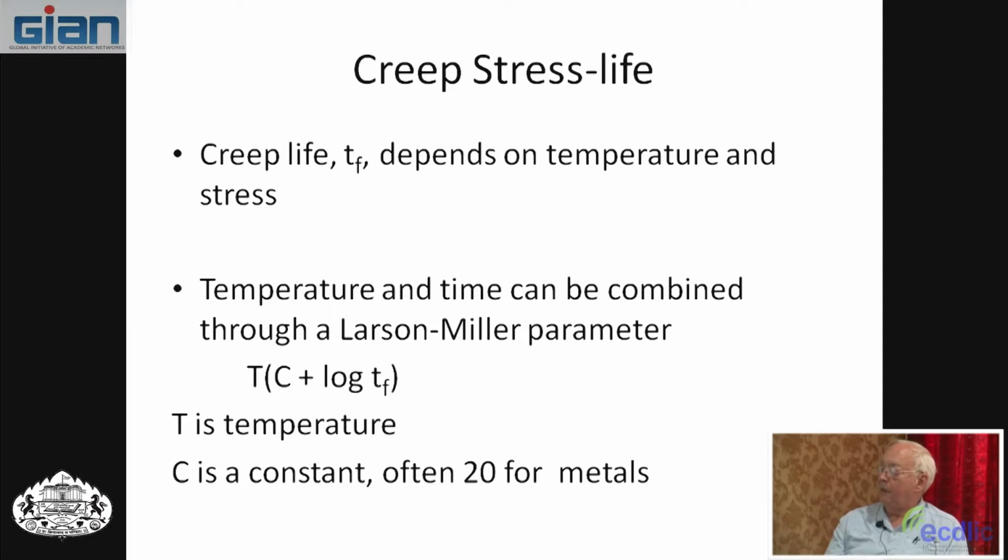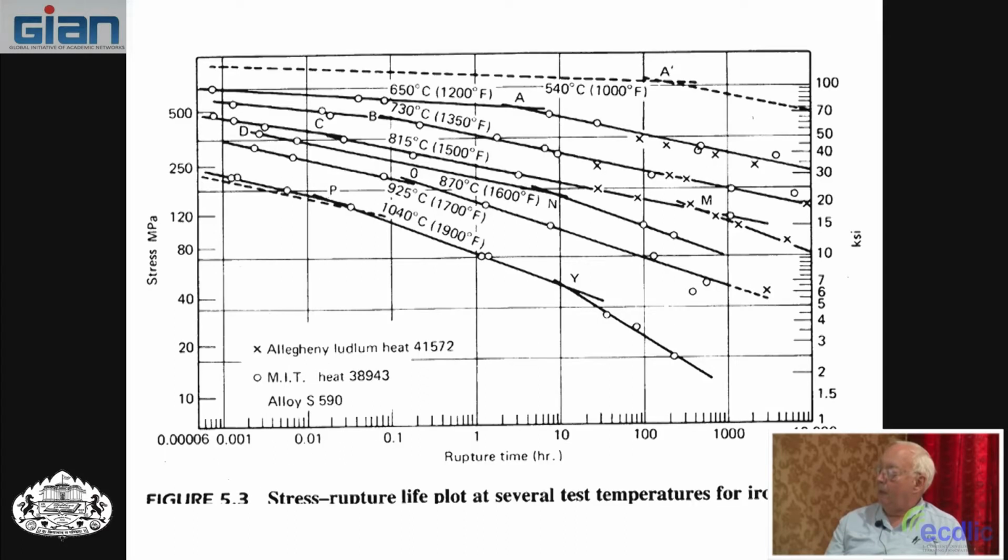This is base 10 log. That's temperature, and that's a constant. For metals, people use 20, but for other materials, 20 doesn't always work. So normally you have to figure out what constant C works. Anyway, the Larson-Miller parameter can be used for creep life.